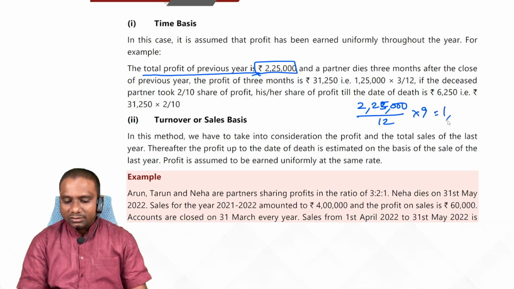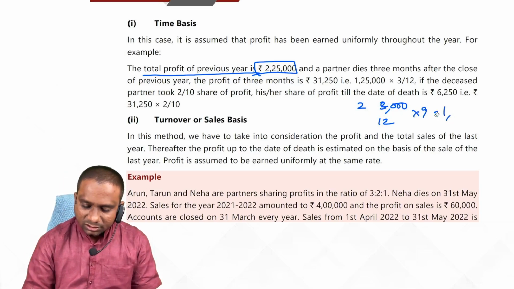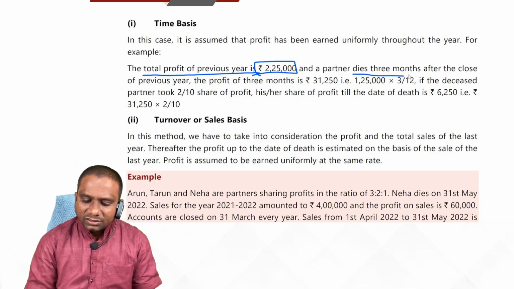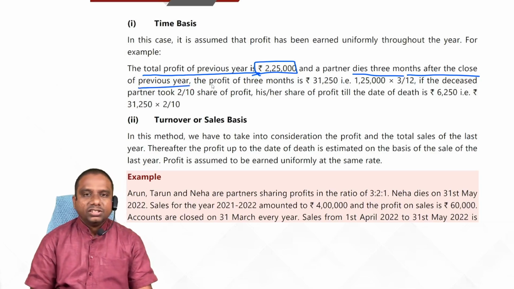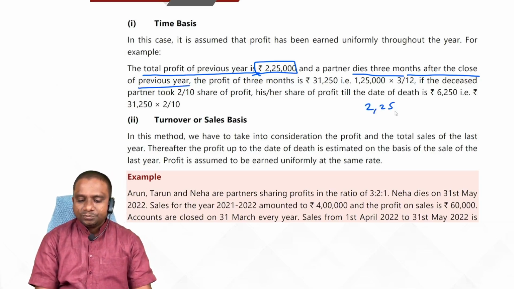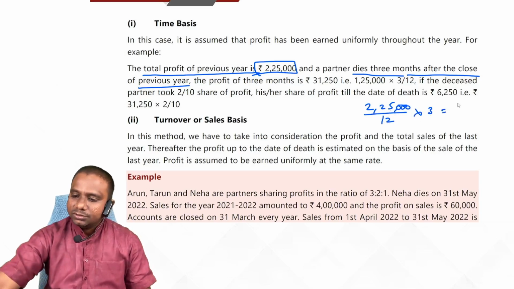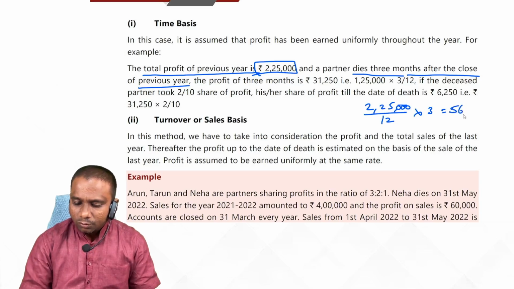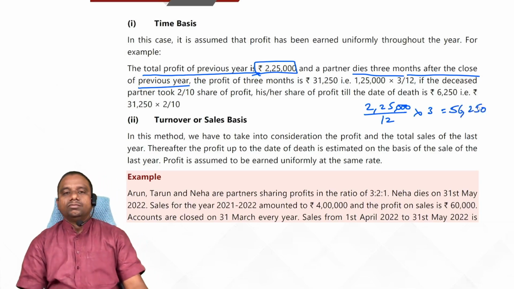So 1 lakh. Here they have given it. Okay, same amounts we take here. Observe. Partner dies 3 months after the close of the previous year. Now this profit is for 12 months. The partner is alive for 3 months. So 225 into 3 by 12. How much is the total profit of business?